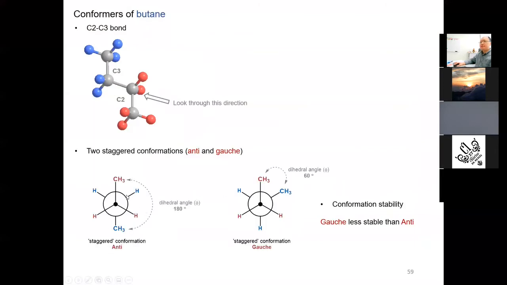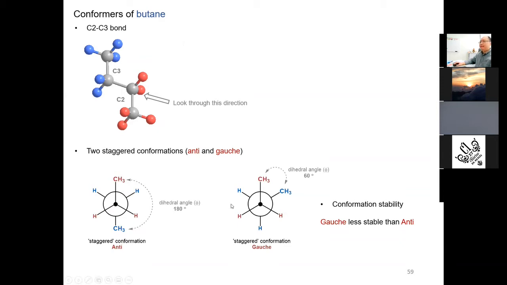So for the staggered one, now we have a front carbon with a methyl group and the back carbon also with a methyl group. The staggered conformation has the CH3 and the CH3 opposite to each other, and this particular staggered conformation is called anti. The anti is defined by the big substituent of the front carbon and the big substituent of the back carbon having a dihedral angle of 180 degrees between them.